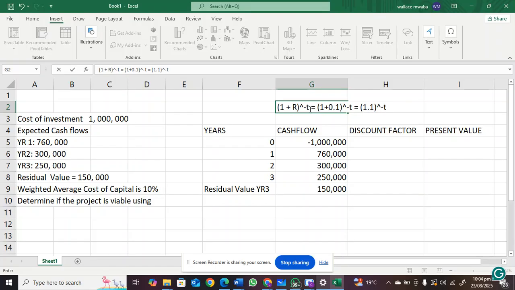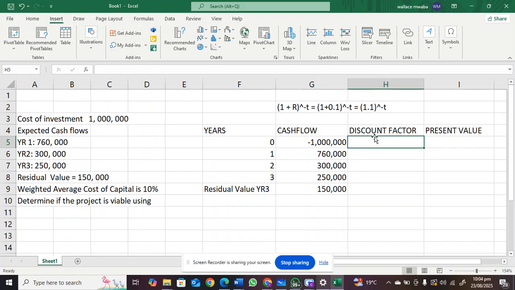If you're not using the table, this is what you can do. You just put here 1.1 to the power negative 0, 1.1 to the power negative 1. You're just following the years. So here in year 2, it will be 1.1 to the power negative 2. Here in year 3, it's going to be 1.1 to the power negative 3. That's if you're not using the tables.